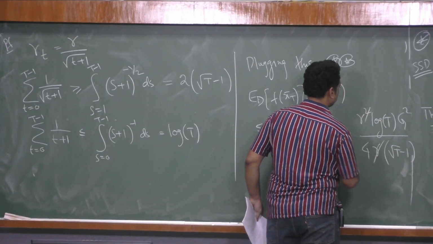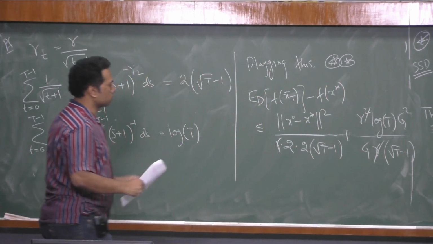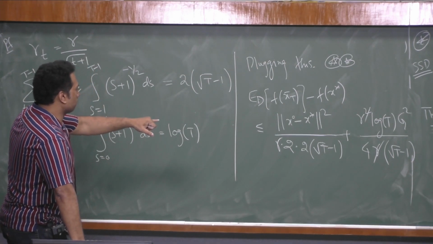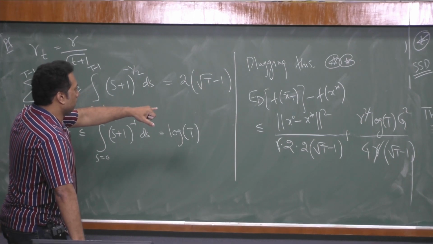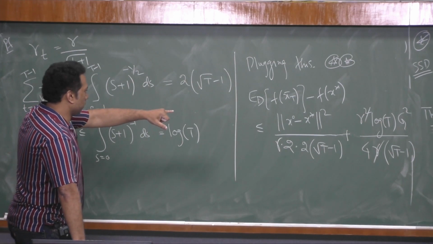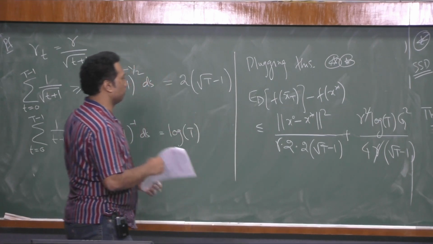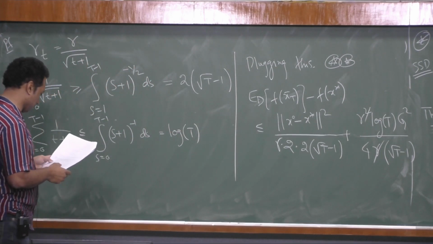So this gamma gets cancelled. Now you can compare with what we were supposed to prove: 4 gamma square root of t minus 1, the norm of x naught minus x star squared, and gamma g squared log t by 4 square root of t minus 1. This is what we were supposed to prove.